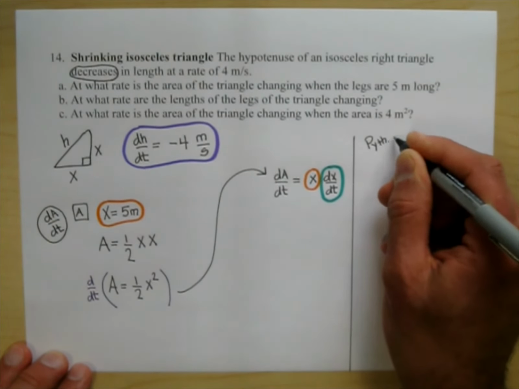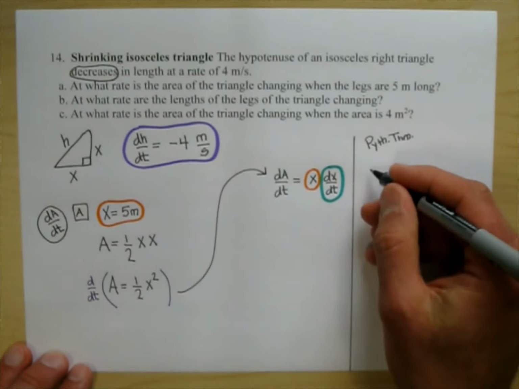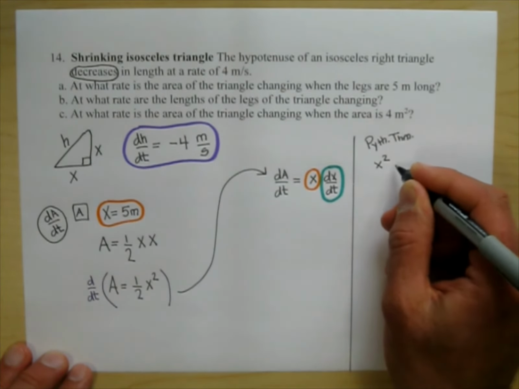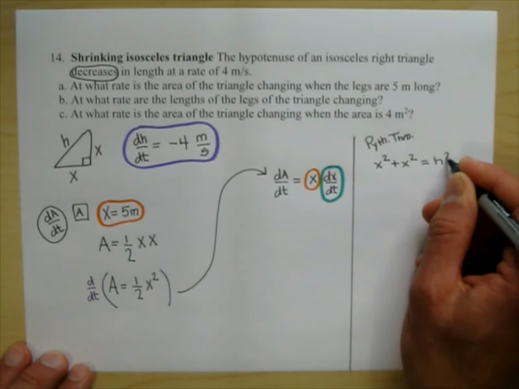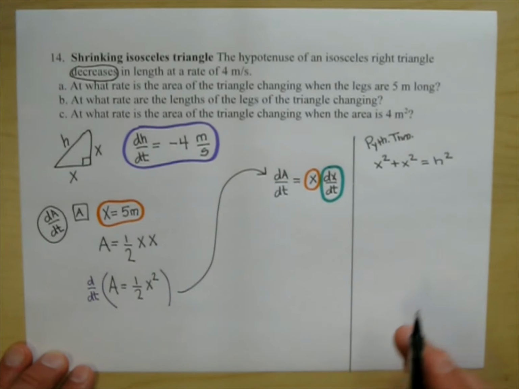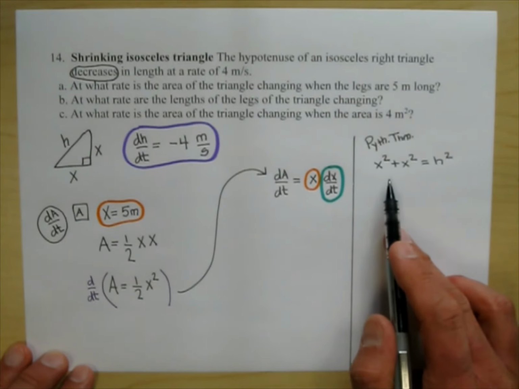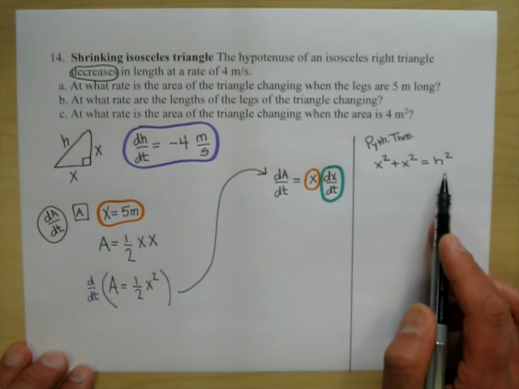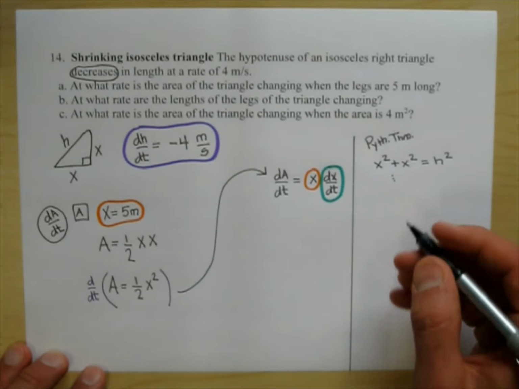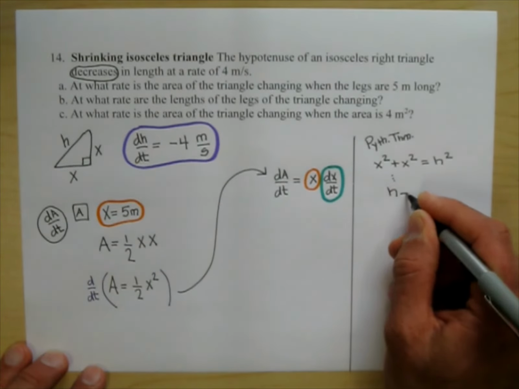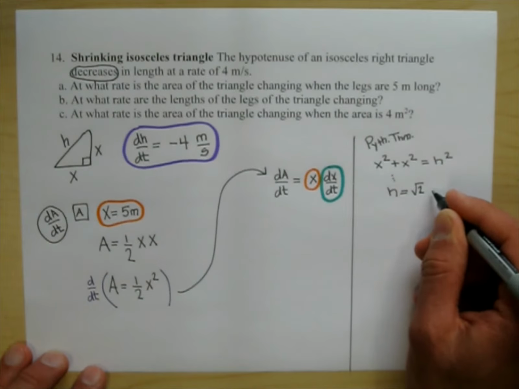I'm going to use the Pythagorean theorem on this triangle, and I'm going to say x squared plus x squared equals h squared. So it's kind of like before, where we had the same thing. It said x squared plus x squared equals d squared in the last problem, and I'm not going to show you the work again because we had already done it. This is going to give me h equals the square root of 2 times x.